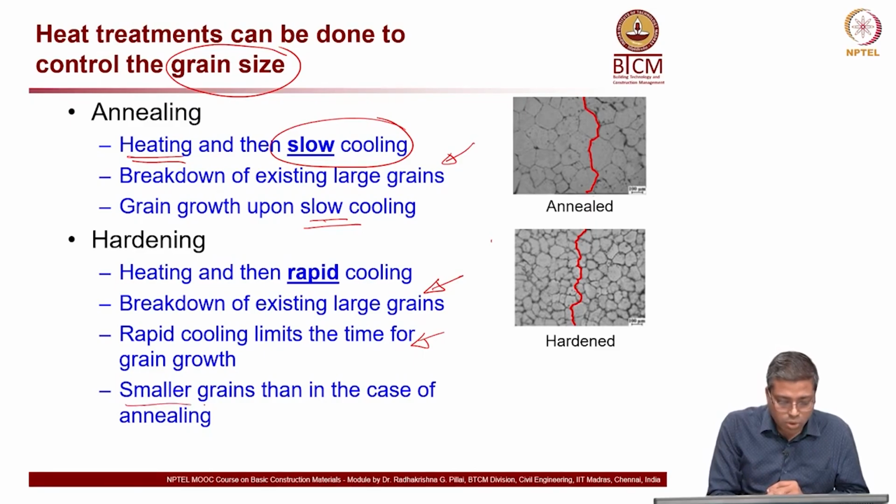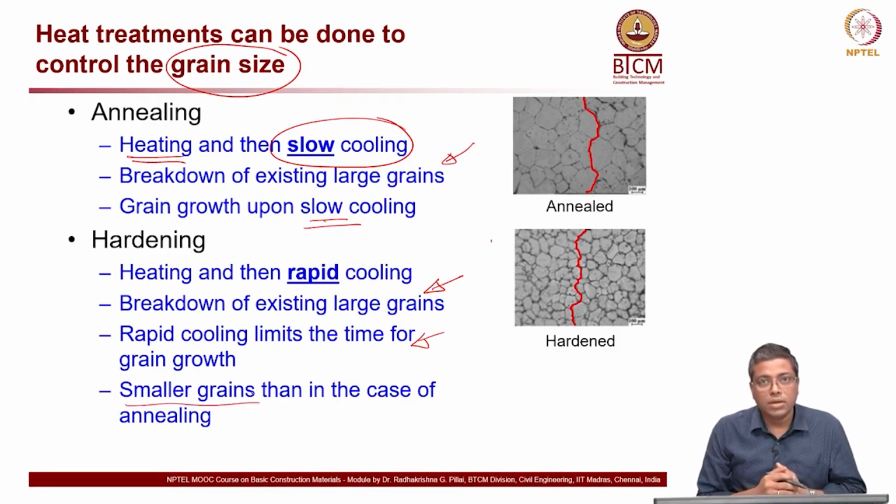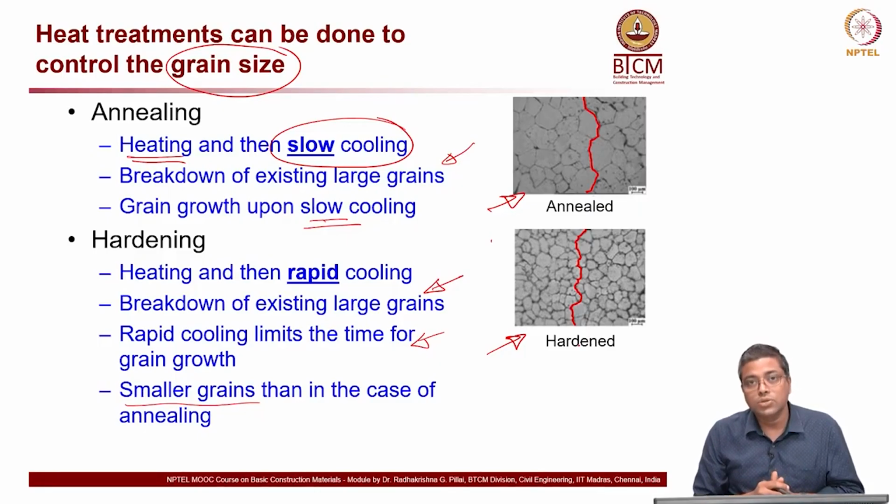Now, when you have smaller grains than in the annealing case, you might expect it to behave in a different way. Why? Here you have larger grains finally, and this hardened one will probably need more energy to deform or crack, because of the length of the grains.